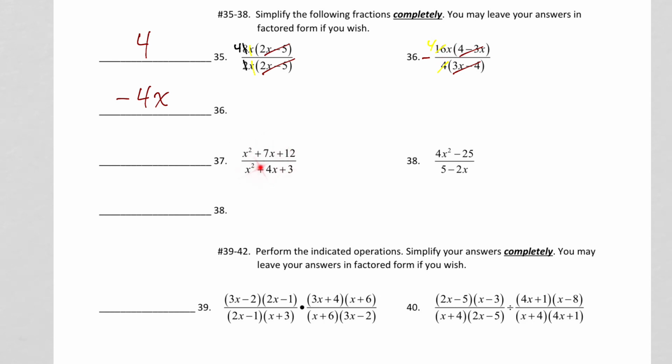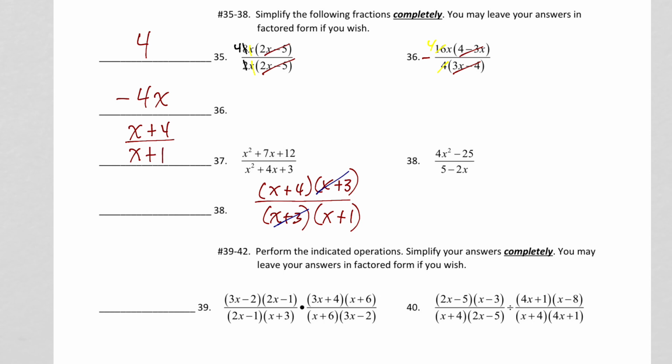I'm going to factor both the top and the bottom. The top factors as x plus 4, x plus 3. The bottom factors as x plus 3, x plus 1, and then we cancel this and we end up with x plus 4 over x plus 1. This is the difference of two squares. This is 2x squared minus 5 squared.